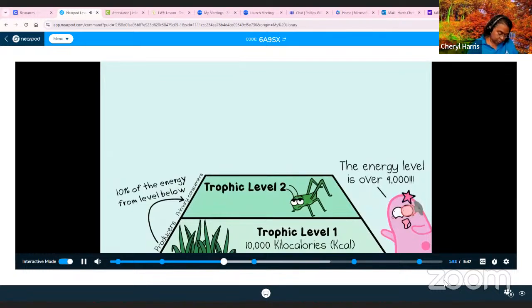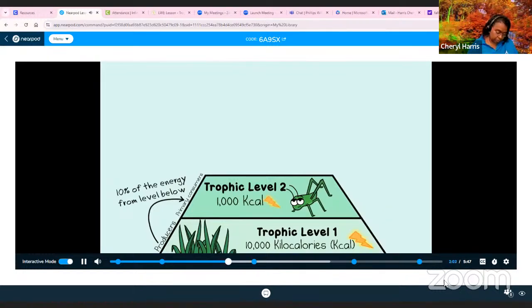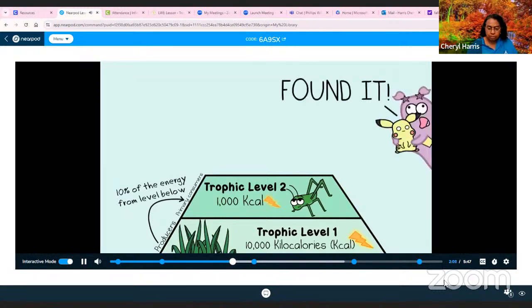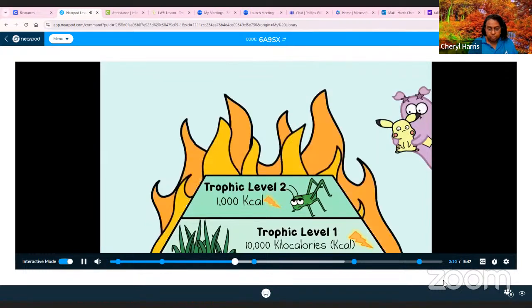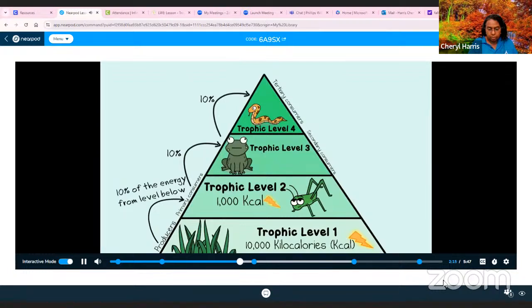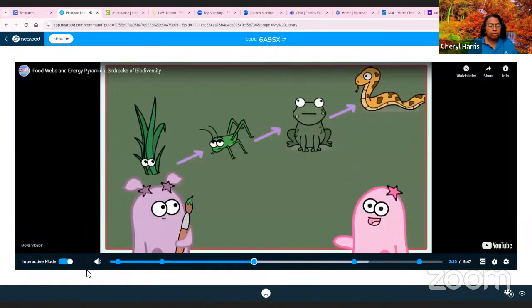Well, the next level, the primary consumers in trophic level 2, would only store 1,000 kilocalories of energy. So where did the rest of the energy go? Much of it is lost to heat or undigested. If you go up to the secondary consumers in trophic level 3, that would be only 100 kilocalories of energy. So as you go up each trophic level, roughly only 10% of the energy from the trophic level below will be stored. Back to our food chain.